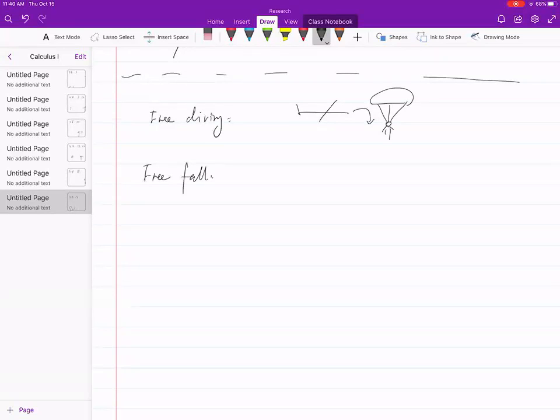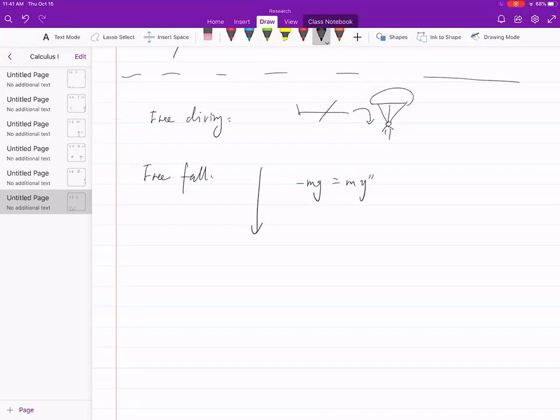That means you jump out of it without the parachute. What's going to happen? Number 1, a tragedy. Number 2, it's pretty easy. It's mg, that's my force equals ma. Sounds good? That's free fall.